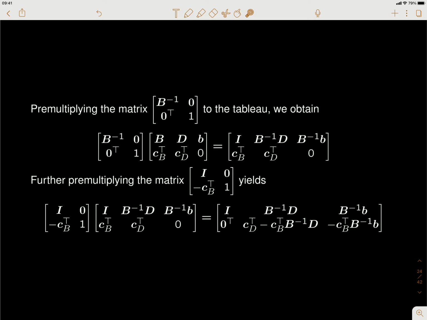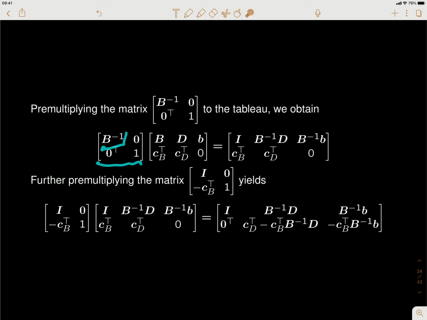So let's say that we put this matrix in front of the tableau. As you can see, this is a block diagonal matrix. When multiplied to this matrix, I'm essentially multiplying this block to each one of the top rows, and 1 to the bottom row. Notice that this is an m plus 1 by m plus 1 matrix.